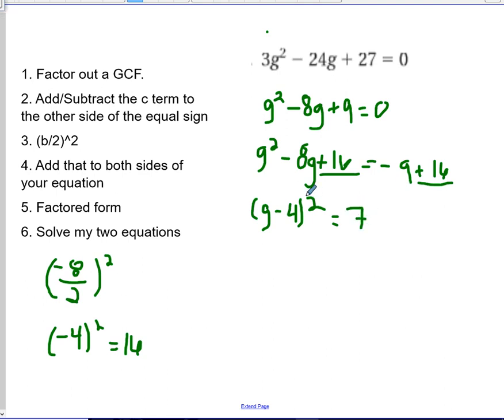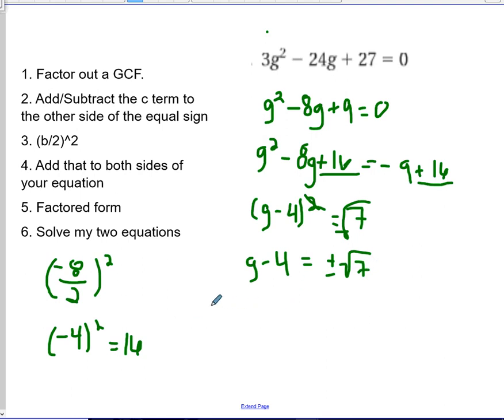Then I'm going to square root this side. So now I have g minus 4 equals plus or minus the square root of 7. And now I'm going to write my two equations.